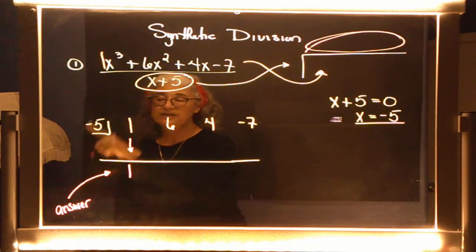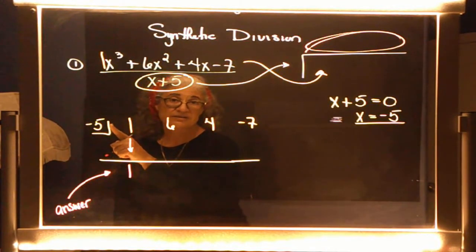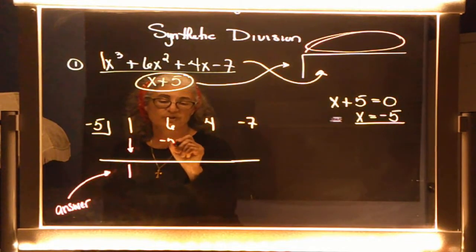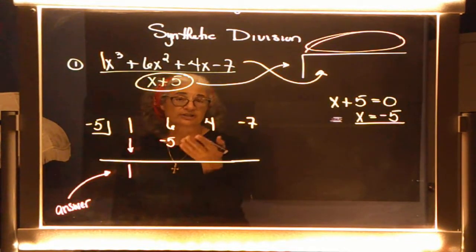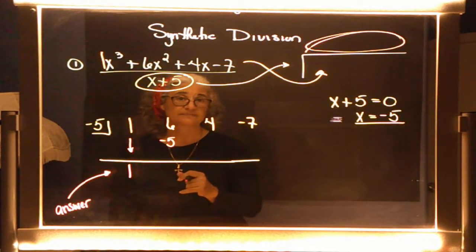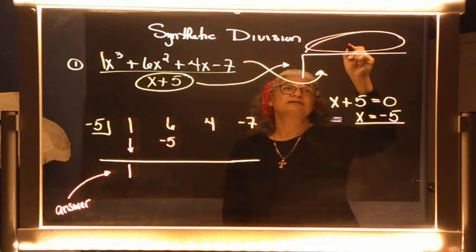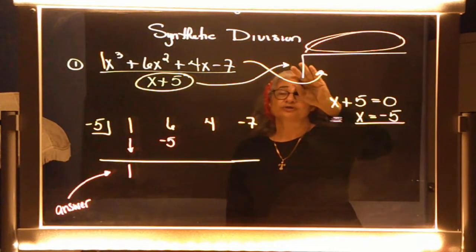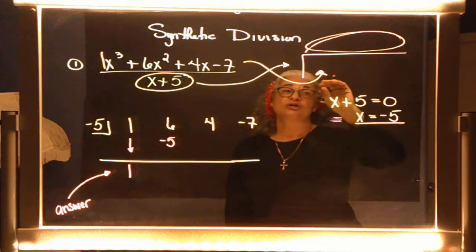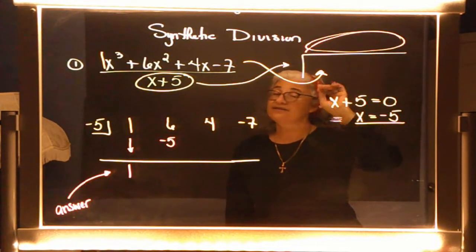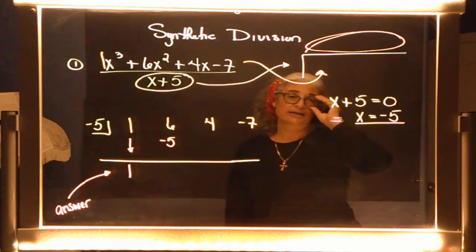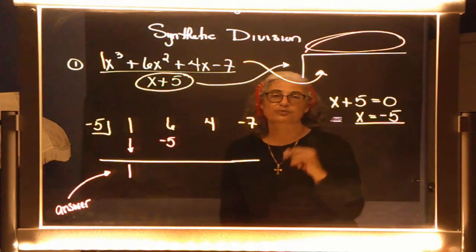So I'm going to do 1 times -5, which is -5. And I'm going to put it under the next number in line, which is the 6. Got it? Okay. Now, in long division, you put the number up top, you multiply by the outside, you put it under the correct term, and then you subtract. Well, here's the two birds with one stone.